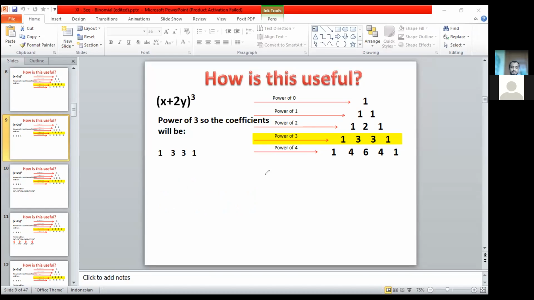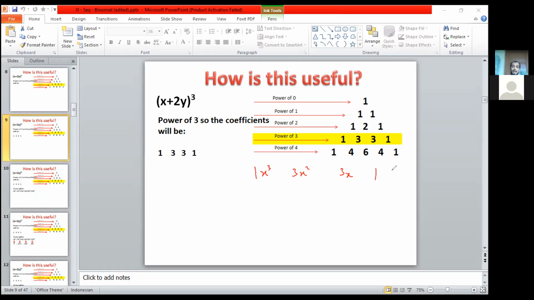Like x, 1, 3, 3, 1, and then x cubed, and then x squared, x, and x to the power of 1 or x. And in the last term, we have x to the power of 0, or you don't have to write it because it's just 1.